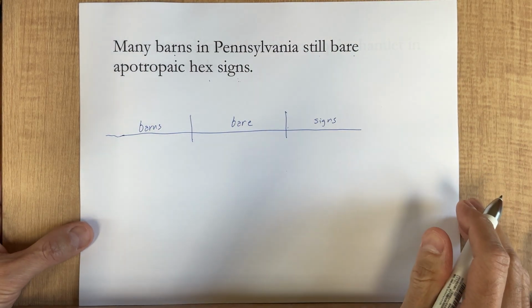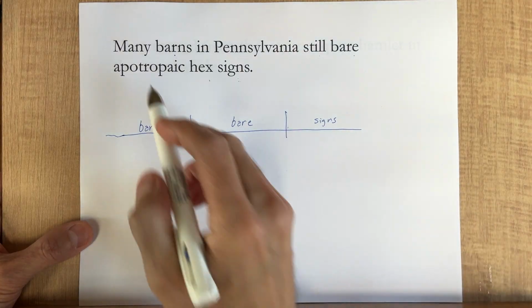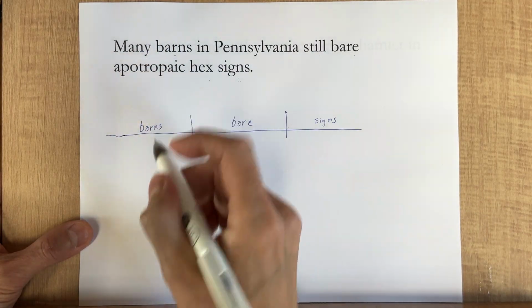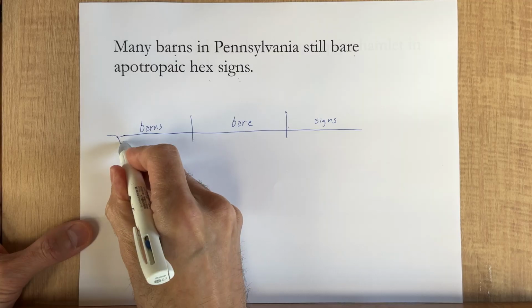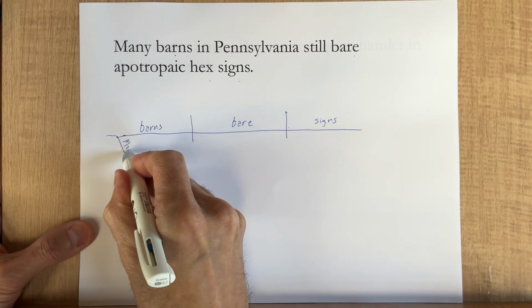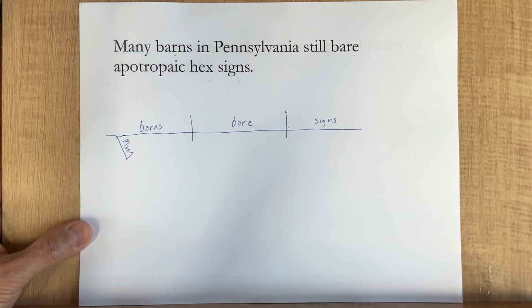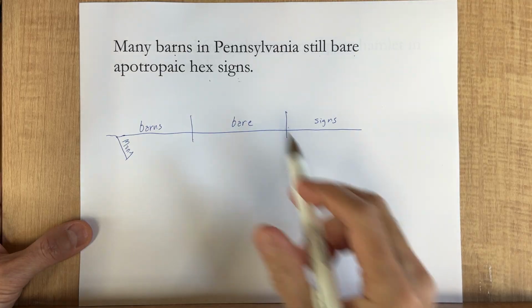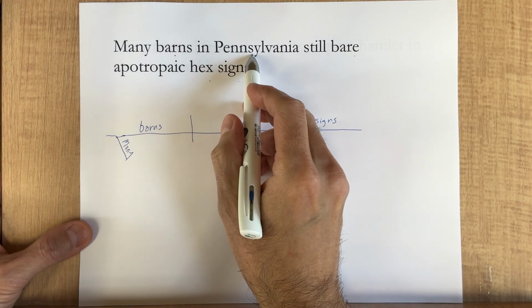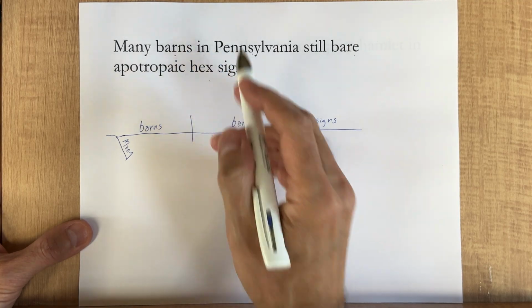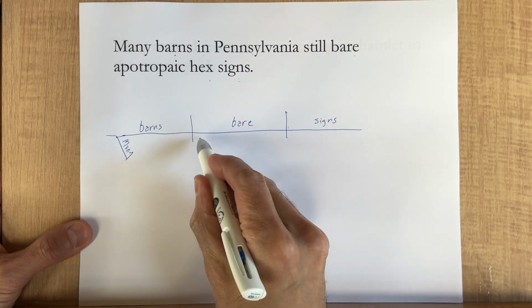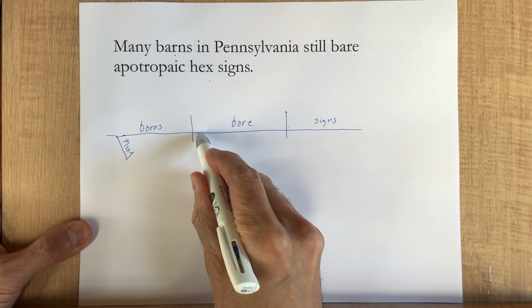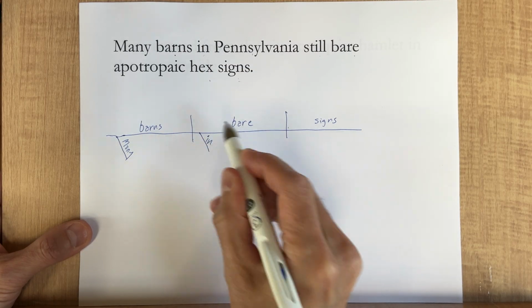So now we know we've got many barns. What is many? Many is an adjective. So let's put many down here. And then we have in Pennsylvania. So in is a preposition. In.